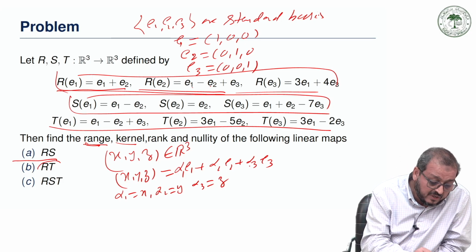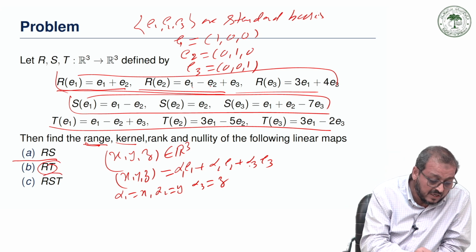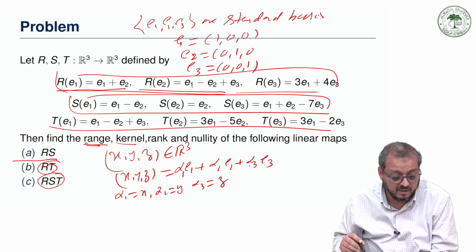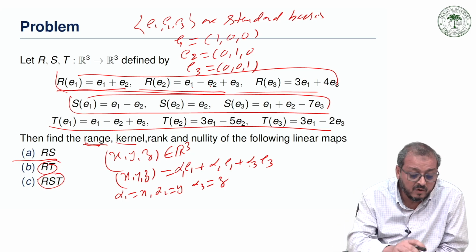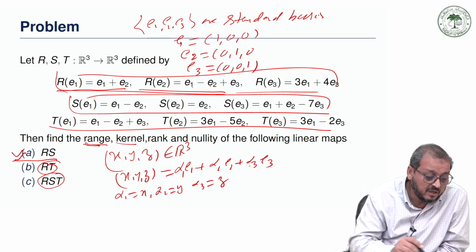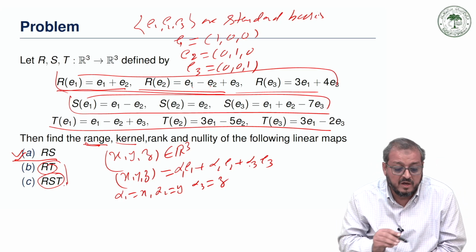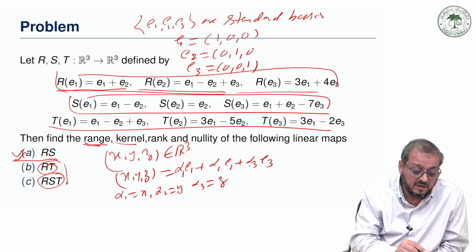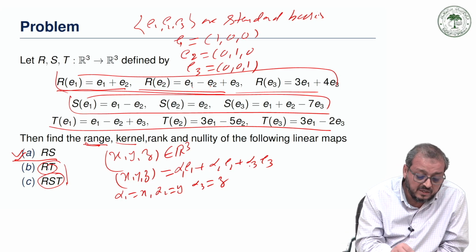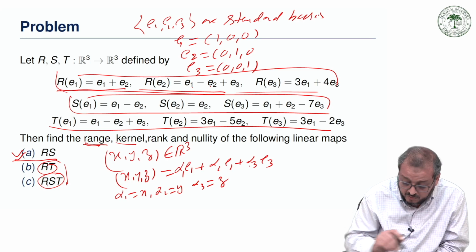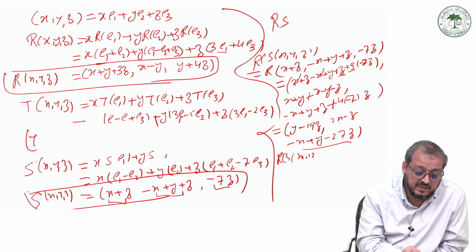In a similar fashion we can calculate R and T, and RST. I leave the other two parts as a home assignment for you. Try to find the range, kernel, rank and nullity of RT, and in a similar fashion you can calculate it, because I already calculated the general formulas for R, S and T.